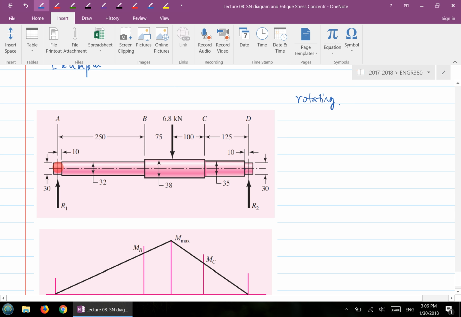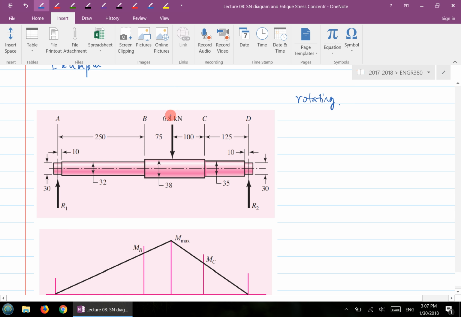On the two ends of the shaft, there are probably two bearings supporting the shaft. So you have two supporting forces from the bearing locations. The stationary force is given as 6.8 kilonewton, and it's a non-rotating force, right?